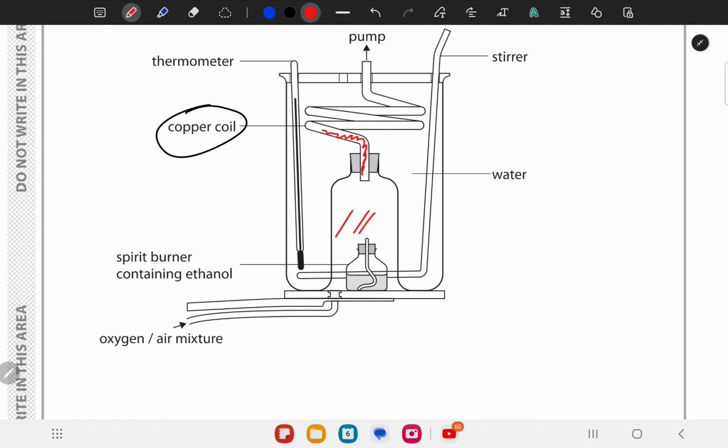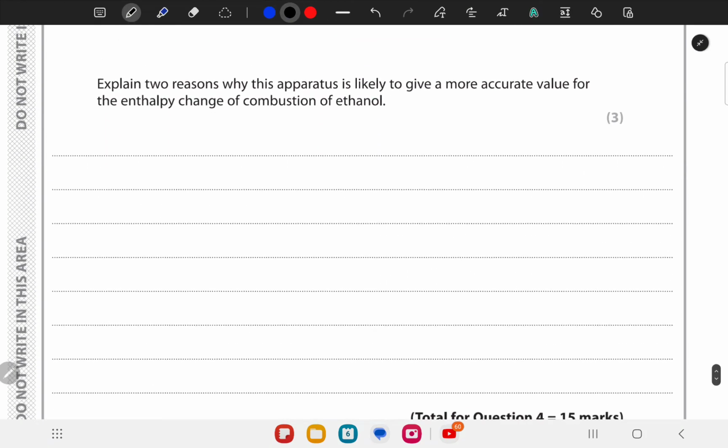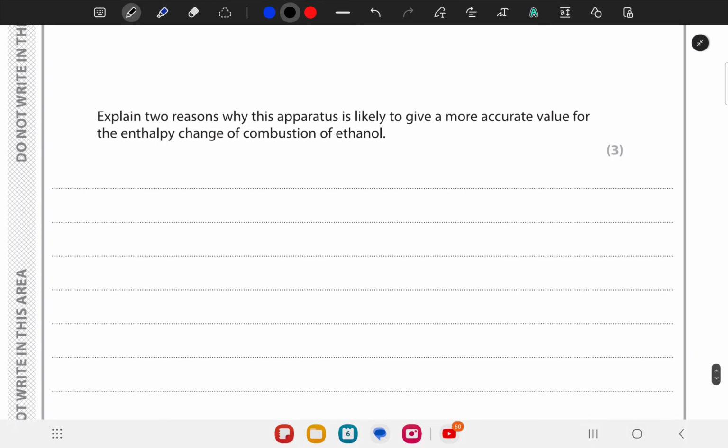The heat goes through the copper coil. The copper coil is submerged in the water, which causes the water to heat up. The copper coil is a better conductor of heat than air, so this reduces the heat loss. This is one of the points.